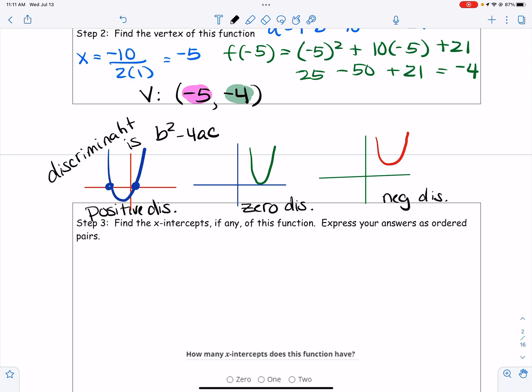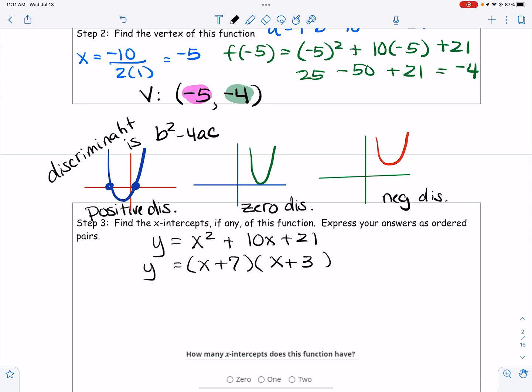One of the ways that we can do this is to try factoring that original equation. If we have y equals x squared plus 10x plus 21, we can try to factor it, where I'm looking for factors of 21 that make positive 10. That's positive 7 and positive 3.